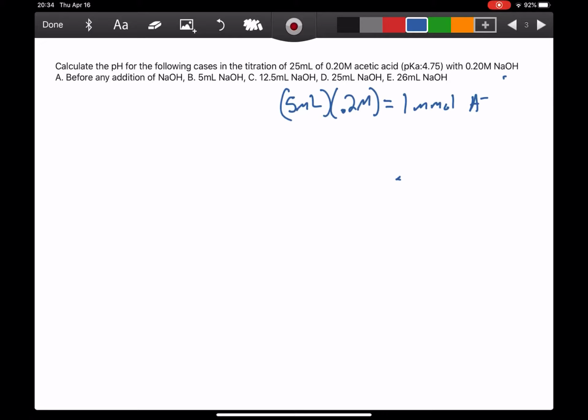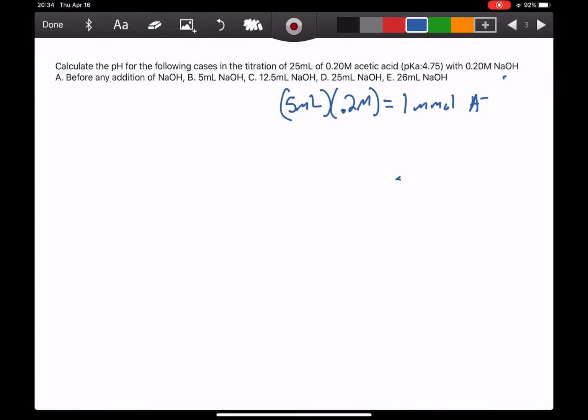Now, the reason for this is because sodium hydroxide is a strong base, which means it's going to react 100% with the acetic acid until it's gone, and the product is going to be acetate, which is just a deprotonated form of acetic acid. So therefore, the number of moles of NaOH is going to directly correspond to the number of moles of acetate now.